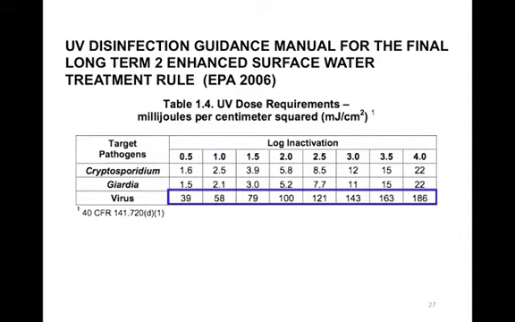The requirements for wastewater are not as stringent, and currently most wastewaters do not have to meet a virus disinfection standard. And so UV disinfection is actually quite common for wastewater.